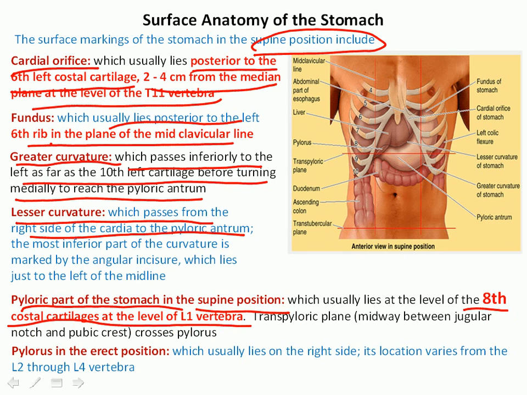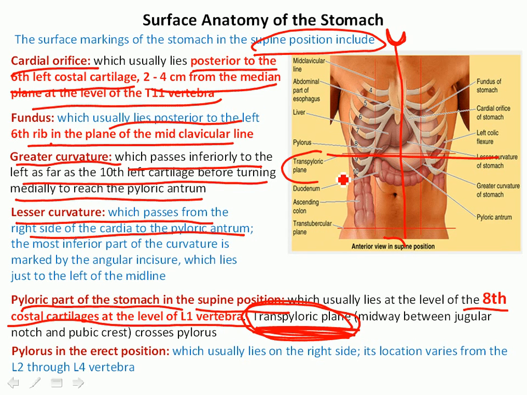In such a case, the pyloric part of the stomach can usually be found at the level of the 8th costal cartilages and the L1 vertebra. And remember, we have a nice marker which allows us to detect where the pylorus should be: the transpyloric plane, which is midway between the jugular notch and the pubic crest.